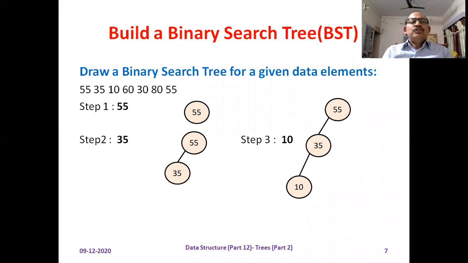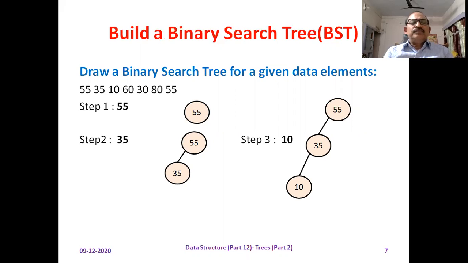Next, suppose we want to draw a binary search tree for given data elements. So how will we build a binary search tree for a given set of elements? Suppose the elements are 55, 35, 10, 60, 30, 80, 55. Okay, in the place of 55, you can think of another number, suppose 52.